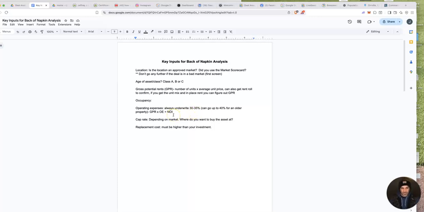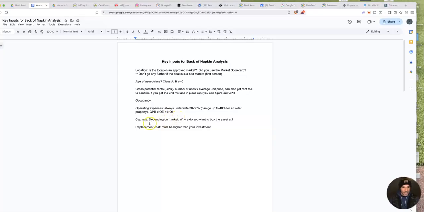I like to be conservative, so I'll use the upper end of that. If you're underwriting a Class A facility, you might be looking at the lower end of that, but typically between 30 and 40%. So your gross potential rent less your operating expenses will get you your NOI.